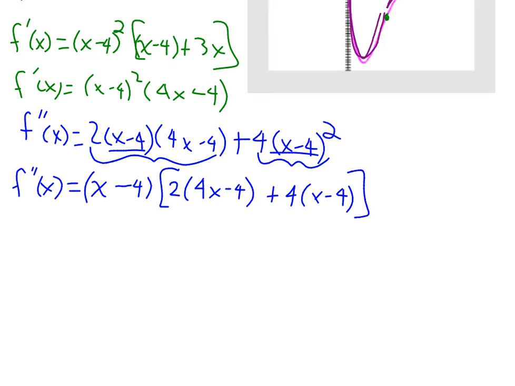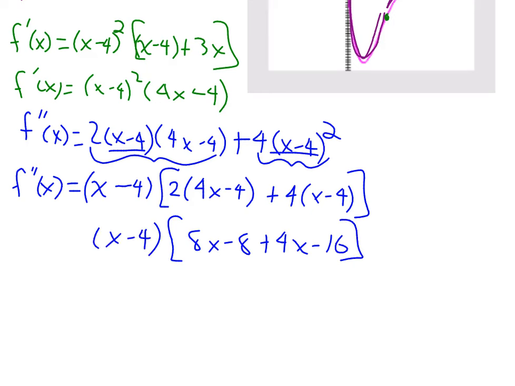Simplifying inside the brackets, I get 8x minus 8 plus 4x minus 16, times x minus 4, which yields simply 12x minus 24. So that's what the second derivative equals, right?